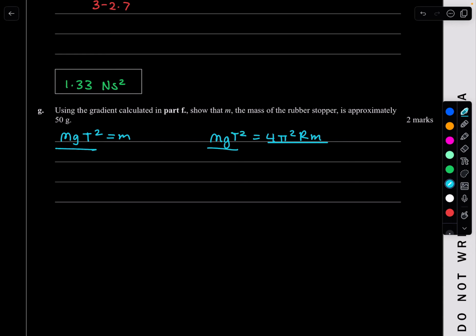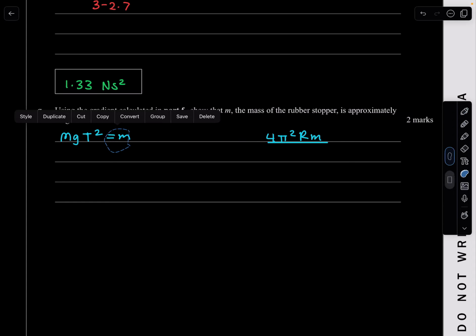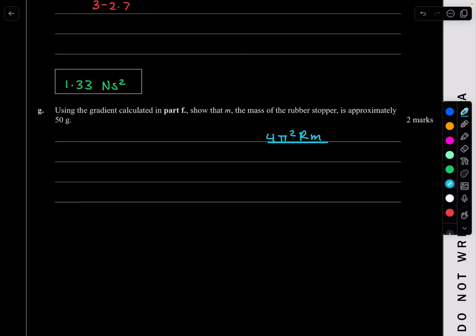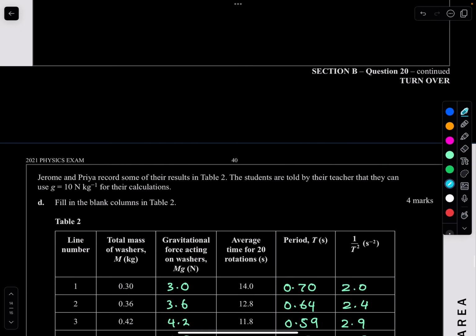This here is the same as here. It means that our gradient, let me write that here, our gradient is equal to this value over here. So our gradient is 1.33, 4 pi squared, and your radius of the circle as well.